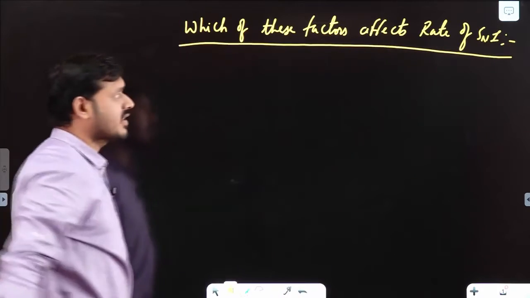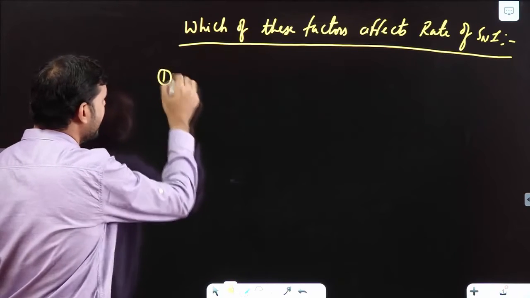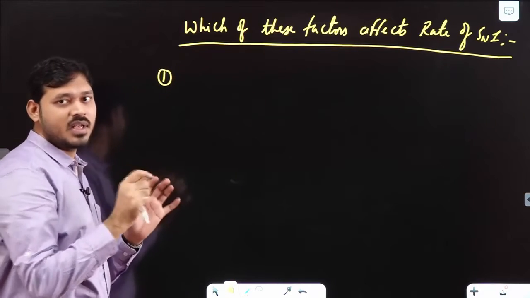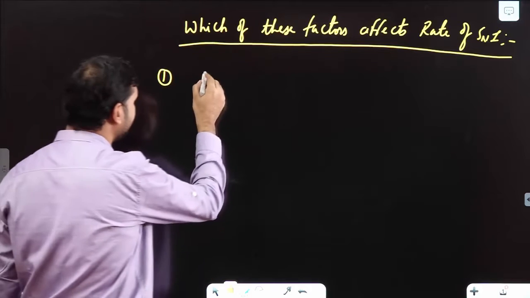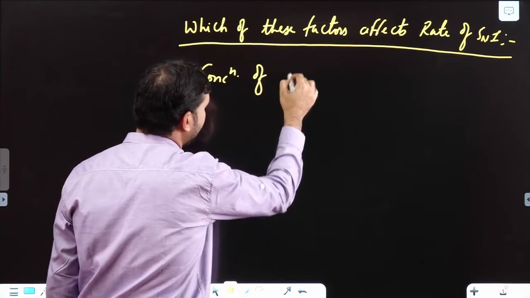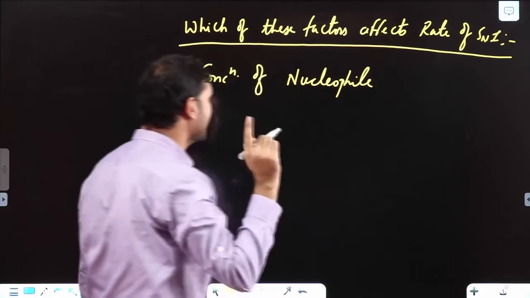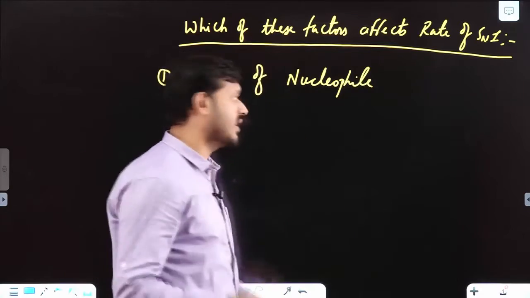Which of the given factors affects the rate of SN1? Now we have discussed it already, but here I am giving you a few specific cases. First thing, concentration of nucleophile. See, I am not talking about solvent, I am talking about the concentration of nucleophile in SN1.